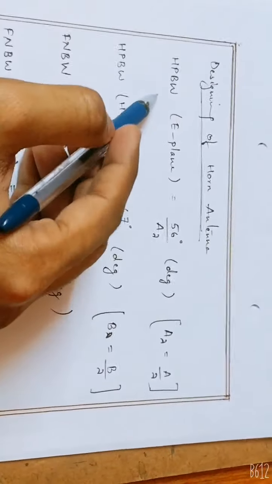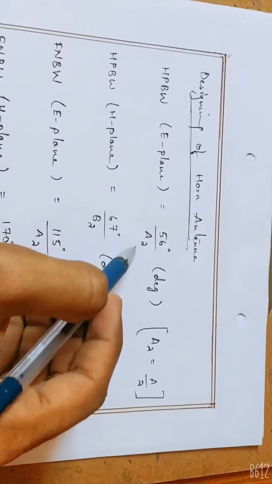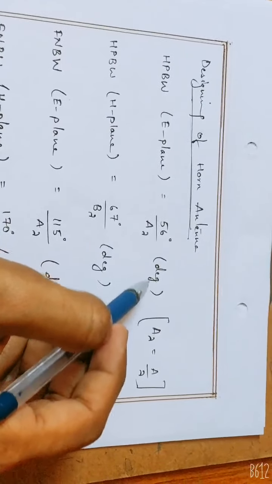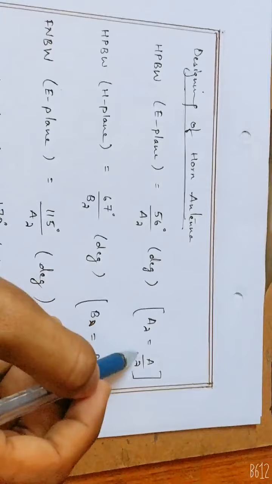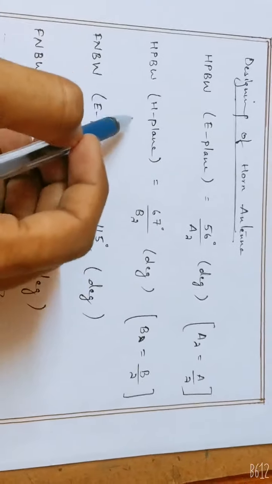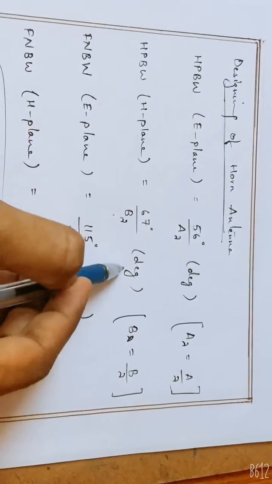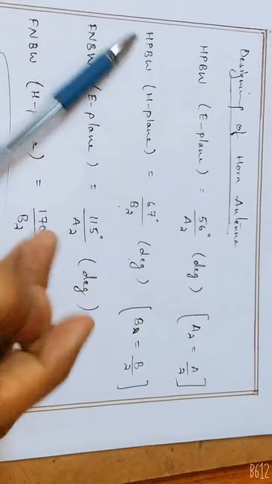The half power beamwidth of the E plane is given as 56 degrees by A lambda, where A lambda is equal to A by lambda. The half power beamwidth for the H plane is given as 67 degrees by B lambda, where B lambda equals B by lambda.